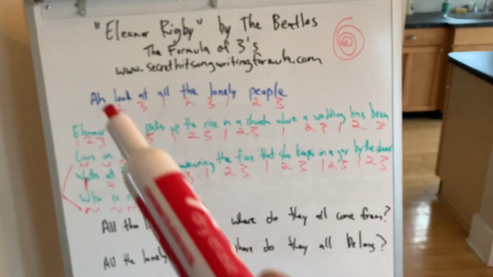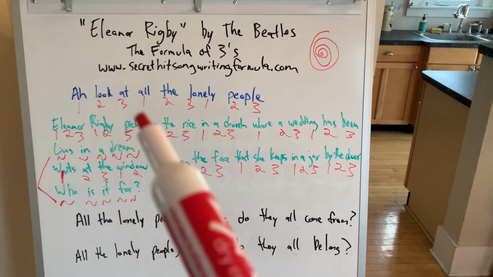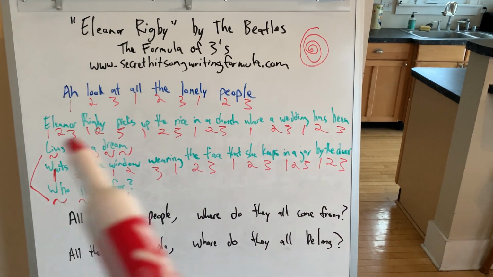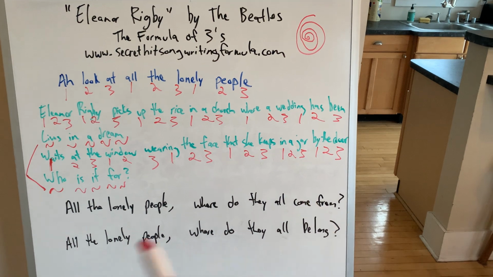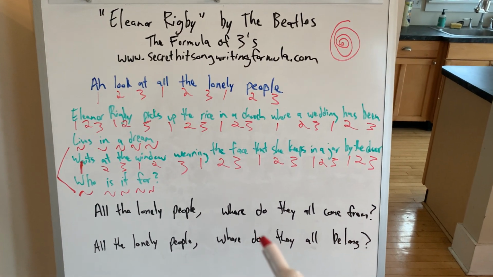So we've seen so far how we have the 3 notes established in the "Look at all the lonely people" section, and we have it in the verse. How about the chorus? It must also follow a 3-note rhythmic hook in order to follow the formula.